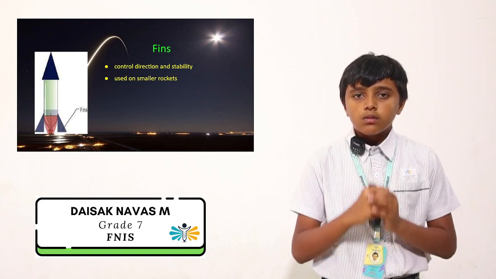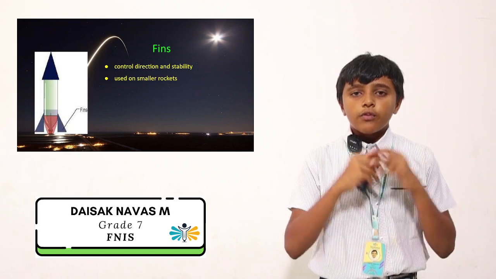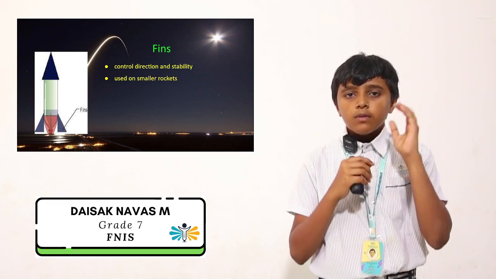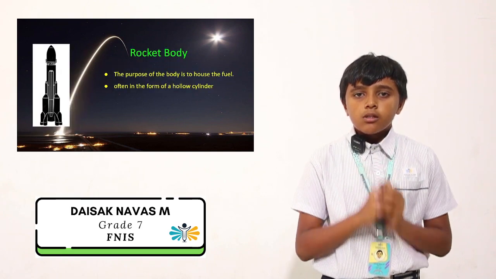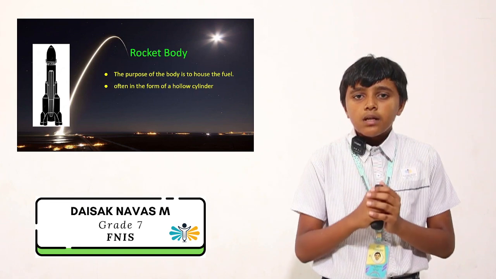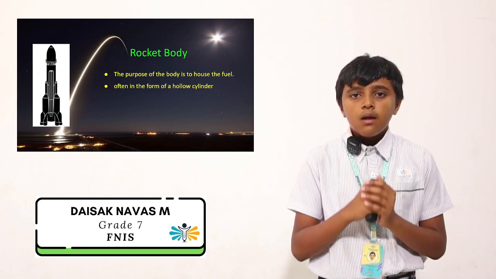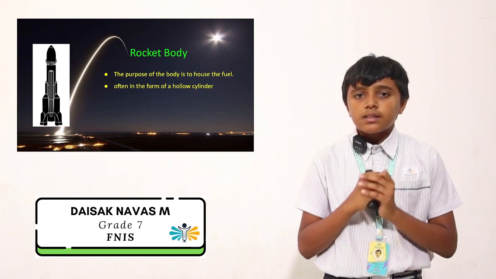Now we will see about the rocket body. The rocket body is not one of the more influential parts. The purpose of this body is to house the fuel. It is often in the form of a hollow cylinder, as this reduces the surface area that is in contact with the air. This in turn reduces drag.